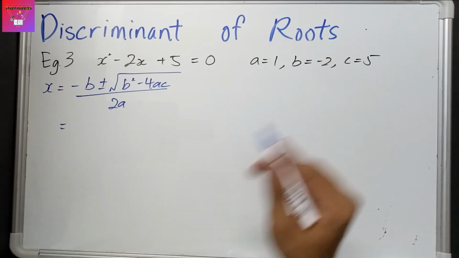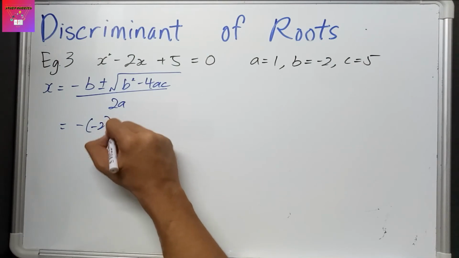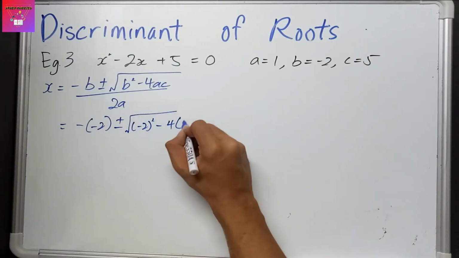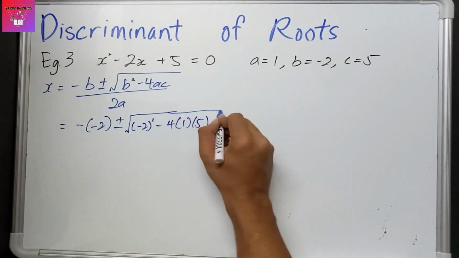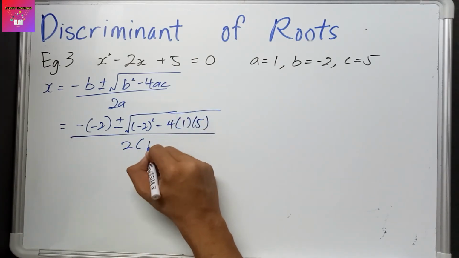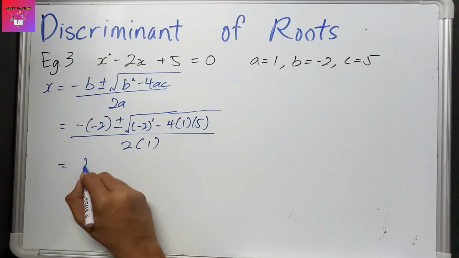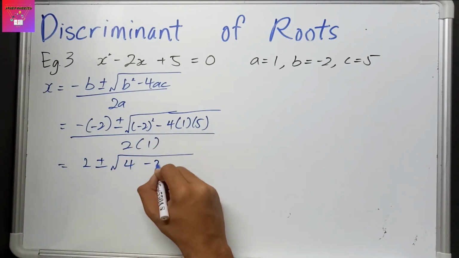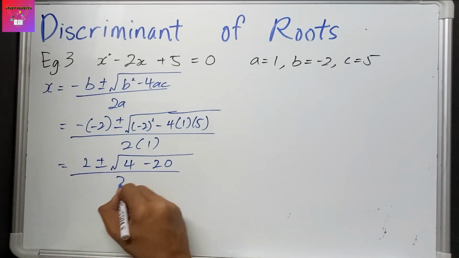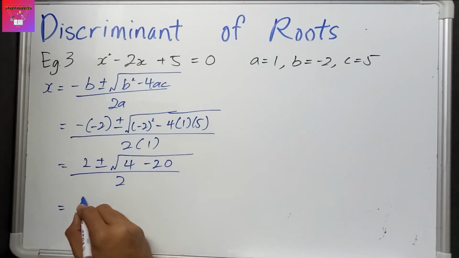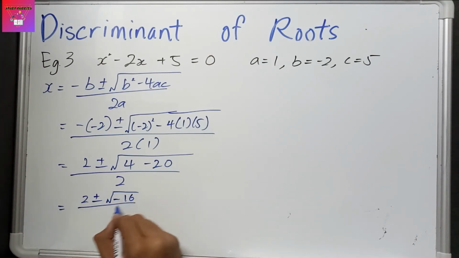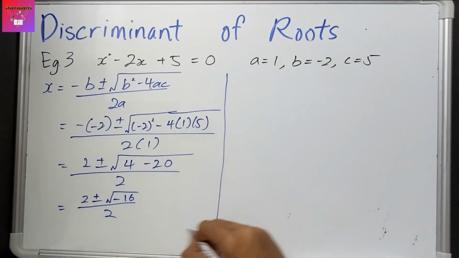So let's begin. Negative b, which is negative 2, plus minus the square root of negative 2 squared minus 4 times 1 times 5, over 2 times 1. So we are going to get 2 plus minus the square root of 4 minus 20, over 2. So 4 minus 20, we are going to get negative 16. Can we simplify negative 16?